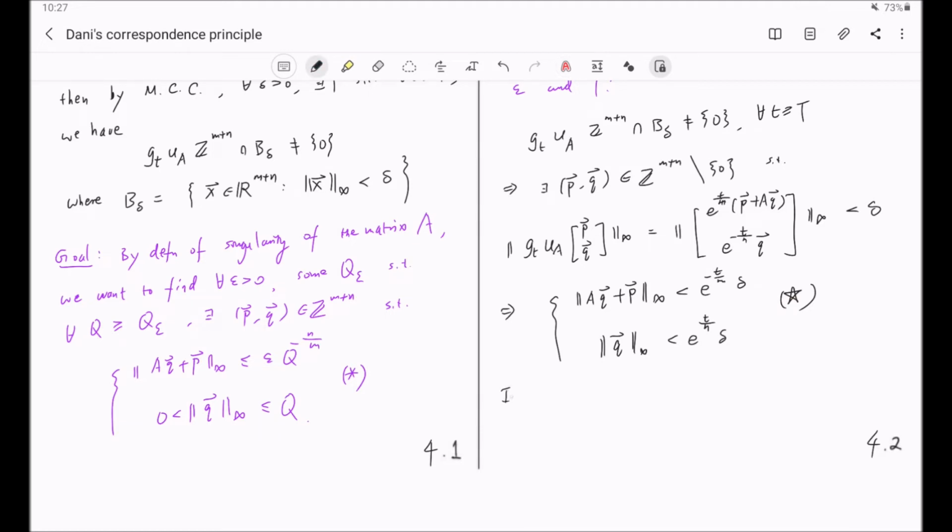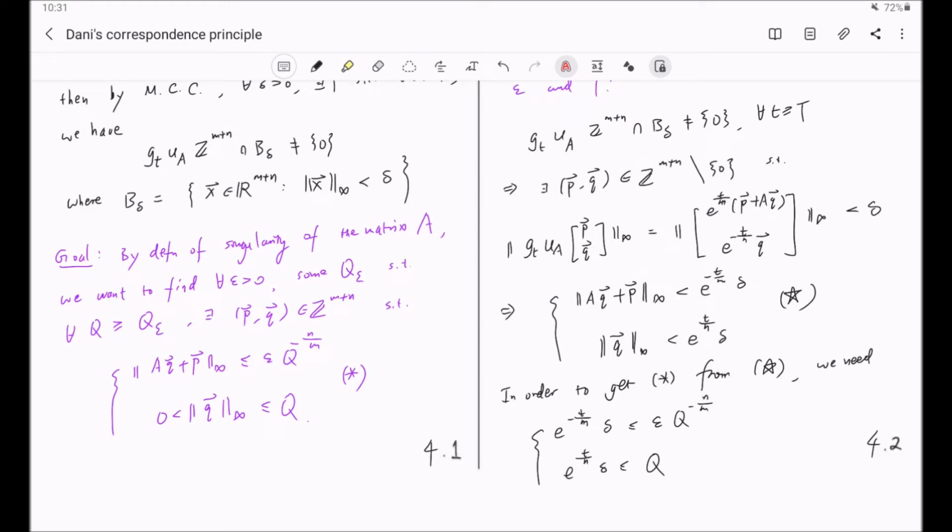In order to get asterisk from star, we need the following two inequalities. Namely, we want to make sure that the right-hand side in star is less than or equal to the right-hand side of the asterisk.